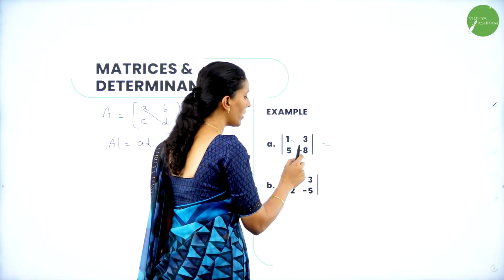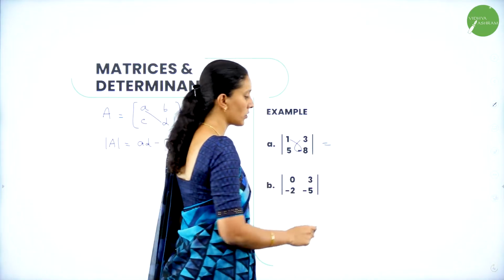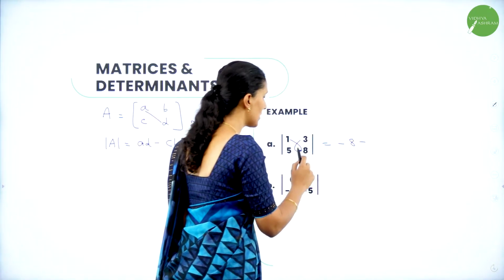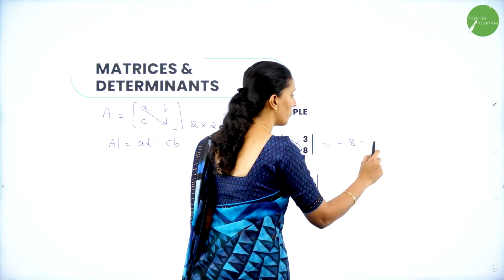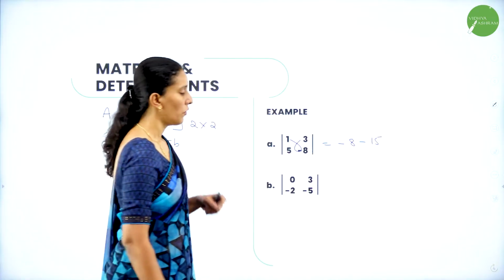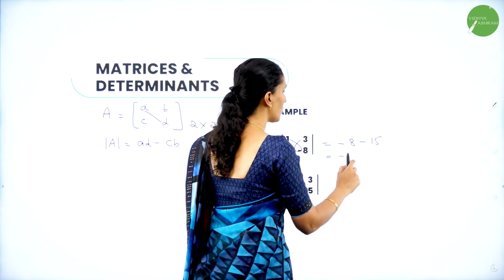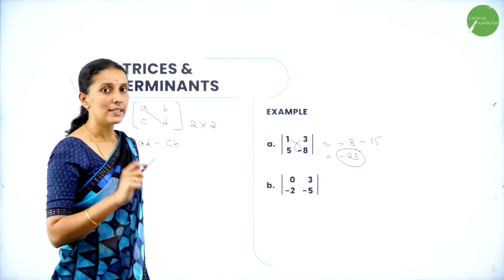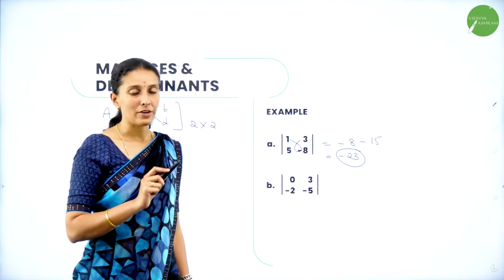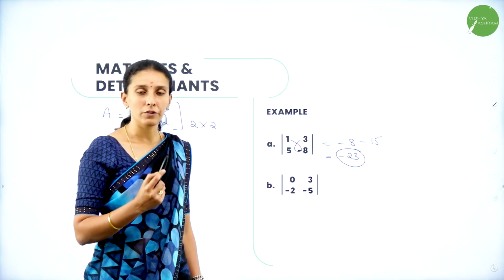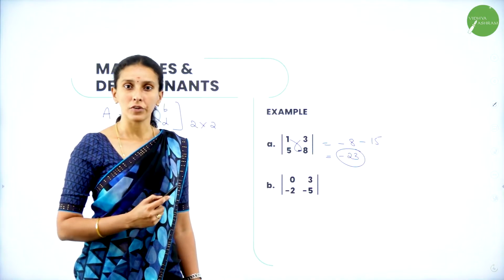If you apply the rule here, what is the determinant of this matrix? It is 1 into minus 8 minus 5 into 3. So, 1 into minus 8 is minus 8, minus 5 into 3 is 15. So, minus 8 minus 15 will give you the value minus 23. So, this is the real value. Hence, the determinant of a square matrix will give you a real number.